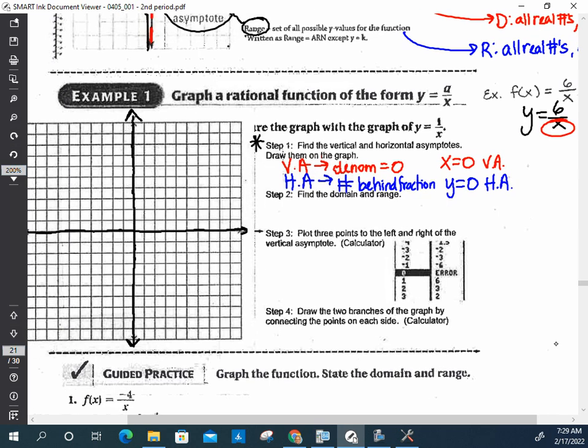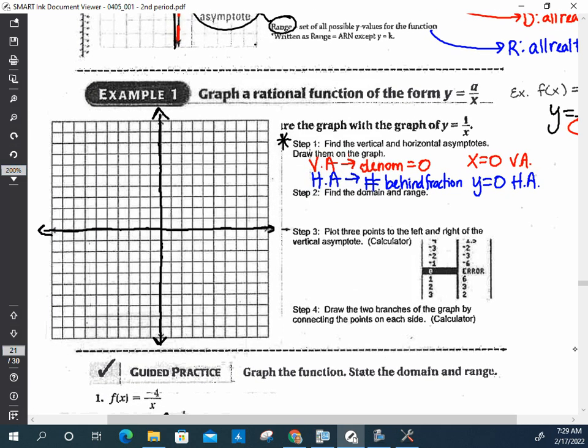Now, to draw them on the graph is very simple. Remember from first semester, x equals a number is a vertical line. So go to your x-axis, find x equals 0, and draw a vertical line through it.